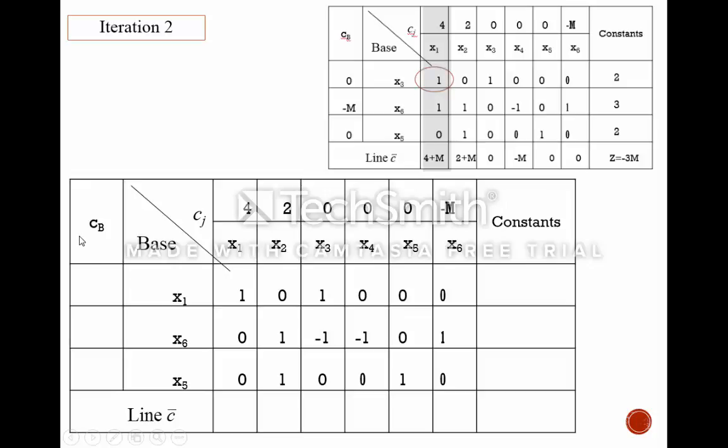So we put the c-bar row, there is 4, minus M, and 0. We put the constants, there is 2, 1, and 2.